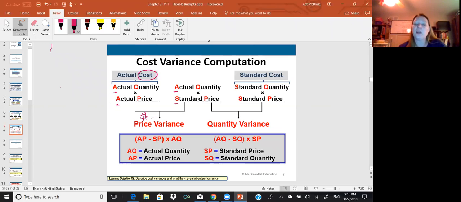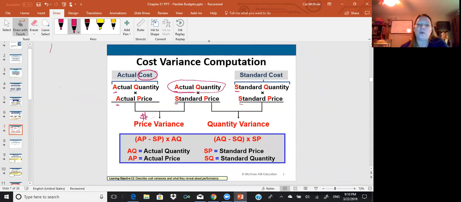On this side, we're looking at quantity. So this is how much. We're doing that by saying, okay, here's actual quantity and everything else is standard. So standard quantity times standard price. What we're separating out is the actual, and that's how we're separating out the quantity here.